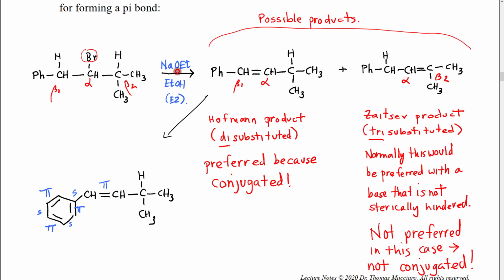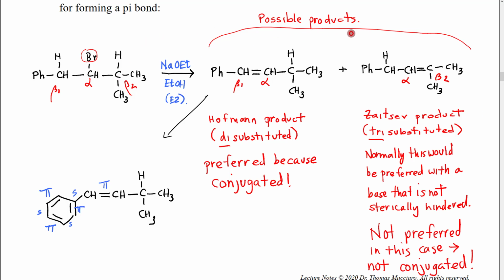We would actually expect that beta 2 hydrogen would be the preferred hydrogen to remove. That's because, following Zaitsev's rule, we generally prefer to remove the hydrogen from the more substituted carbon. So this is a tertiary carbon, this is only a secondary carbon. The tertiary hydrogen should be removed.